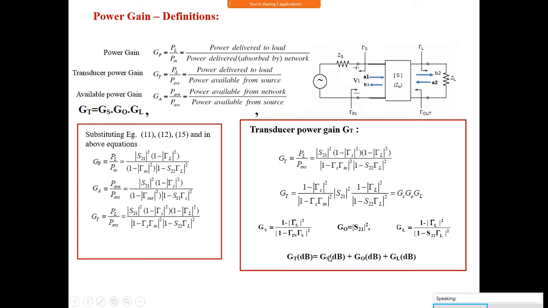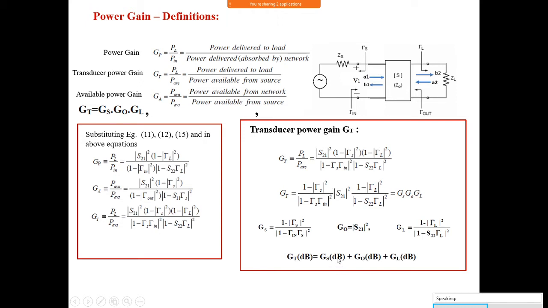I am getting 0 dB only. If I take this 50 ohm, like it is a matched system, assuming a 50 ohm system, then we will be getting only 0 dB here. So that doesn't satisfy our gain GT requirement.